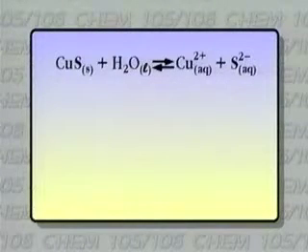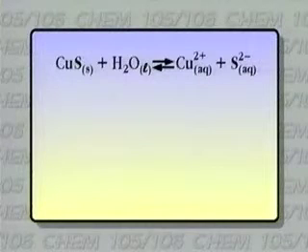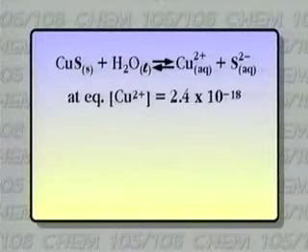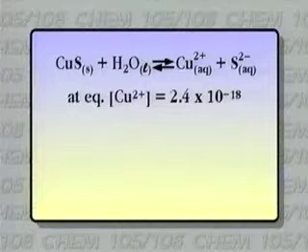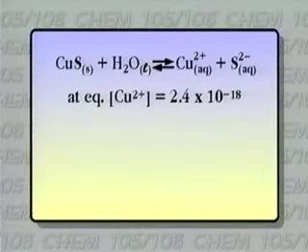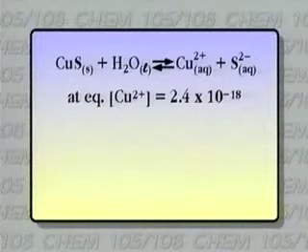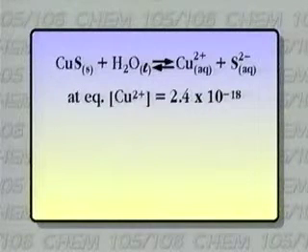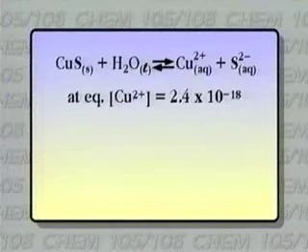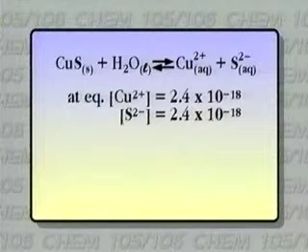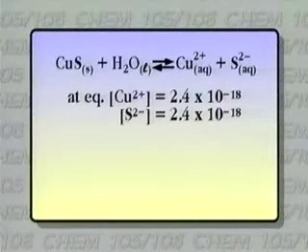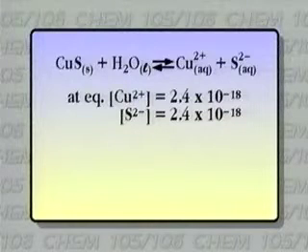Well, let's suppose that we had done that and we found that at equilibrium, after this had stood for many days and we know it's at equilibrium, we had a copper concentration of 2.4 times 10 to the minus 18. Further investigation showed the sulfide ion concentration was also 2.4 times 10 to the minus 18.